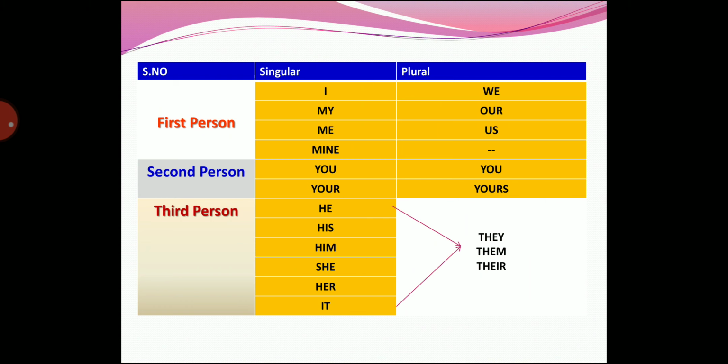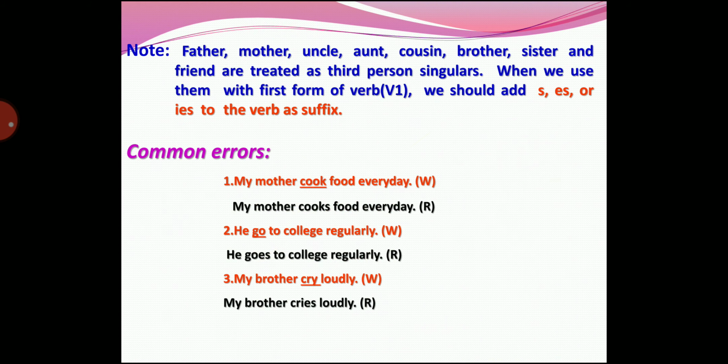Not only third person singulars, not only he, she, it, but also father, mother, uncle, aunt, cousin, brother, sister, friend are treated as third person singulars. Now this, that also sometimes, as well as friend also. So when we use them with the first form of verb, you should be very careful.